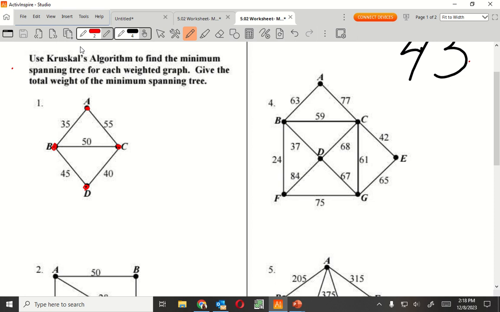So that means that on this one, I'm going to use 3 edges. Sorry, I said vertices, but 3 edges. Now, Kruskal's algorithm says I need to start by selecting which one? The minimum number, right? And Stevie says it's what? 35. All right, so I'm going to start there.